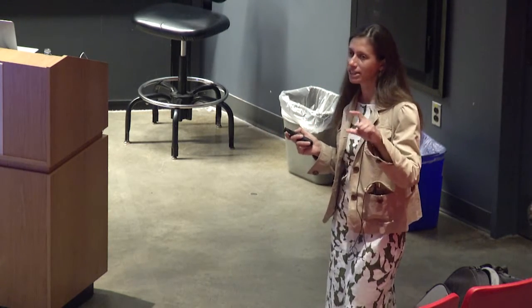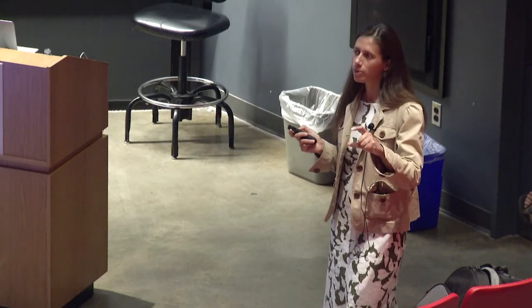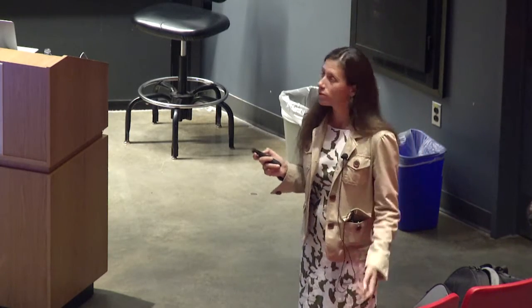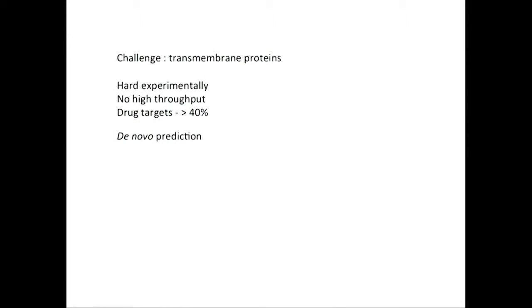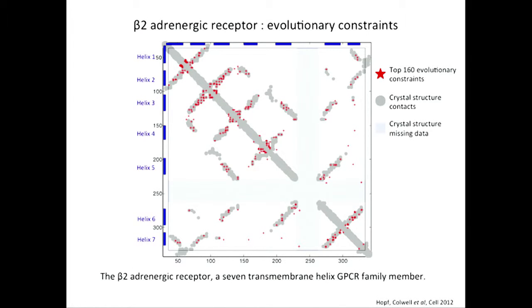Right? These proteins are embedded in the membrane, so they're very hydrophobic, and they're difficult to solve experimentally because of that. And this allowed us to ask whether we could do de novo prediction. Right? Could we predict the structures of proteins that people haven't crystallized before and believe that they were accurate?